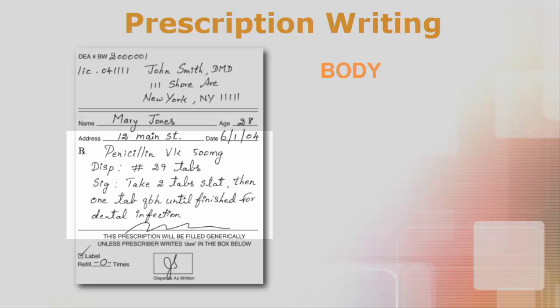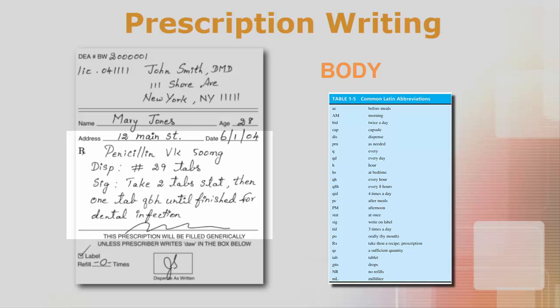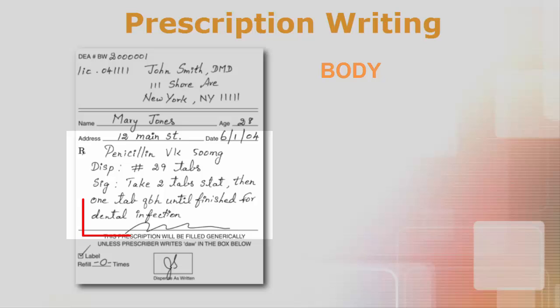For instance, BID means twice a day, TID 3 times a day, PRN as needed. Table 1.5 has a list for you to study. And then lastly, you're going to include the indications for use. Is this a pre-medication or is it for a dental infection?